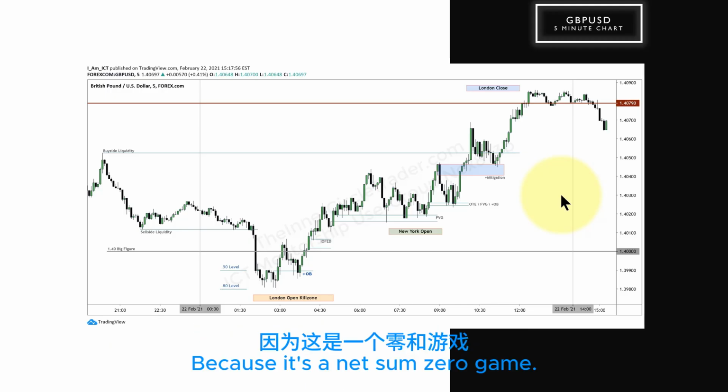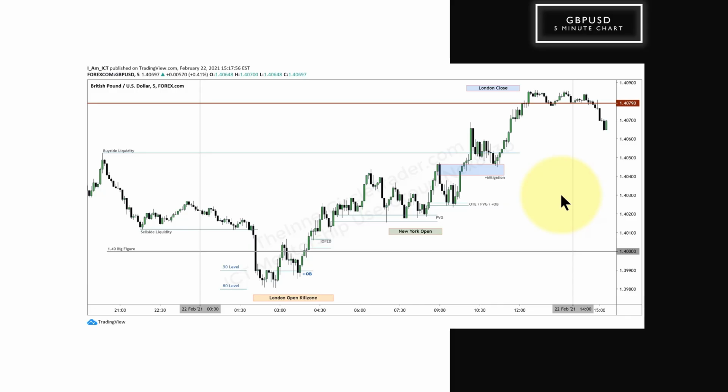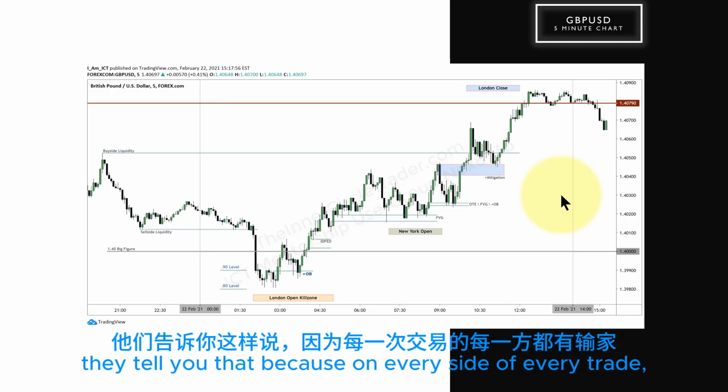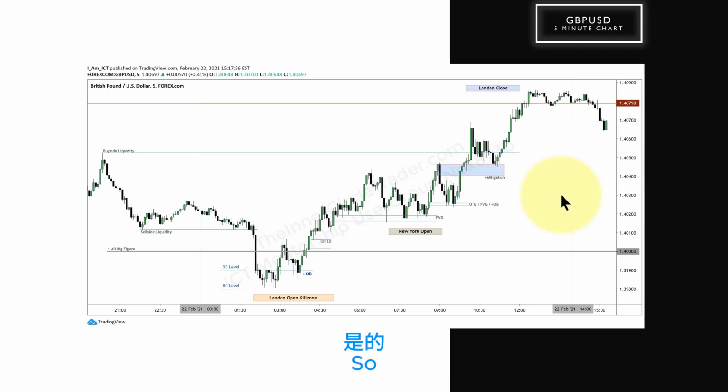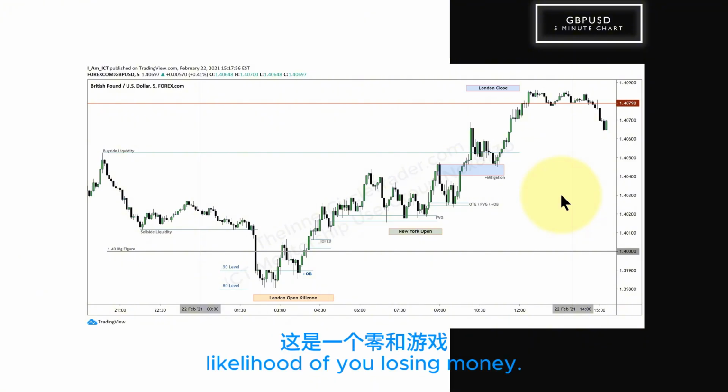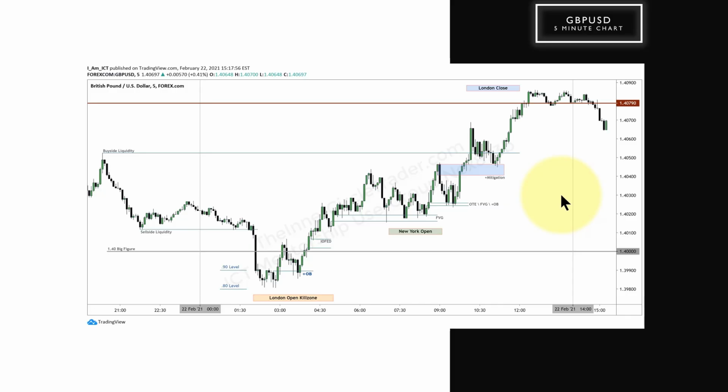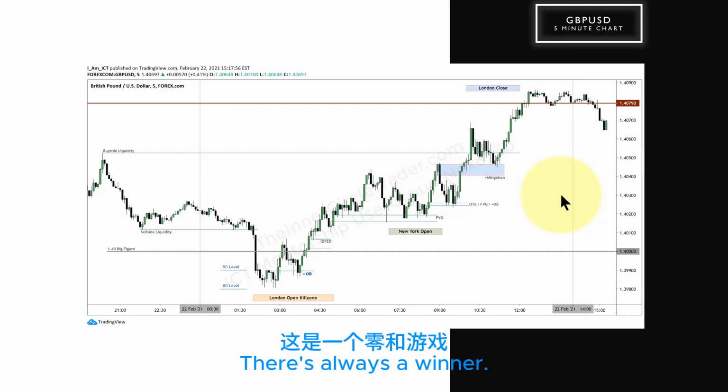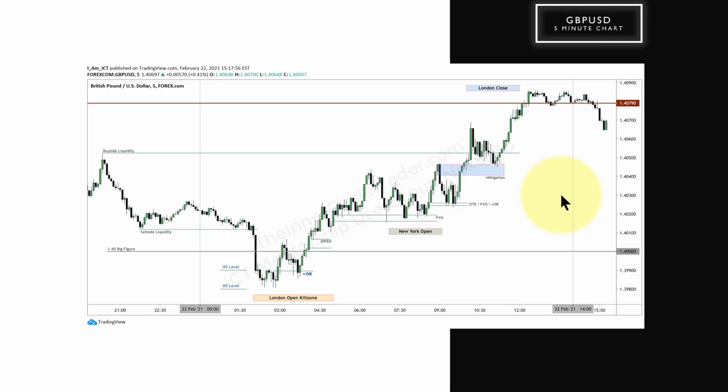Because it's a net sum zero game. See, they tell you that because on every side of every trade there is a loser. So yes, there is a 90% likelihood of you losing money. But if we go back to the reality of everything, it's a net sum zero game. There's always a winner, there's always a loser.